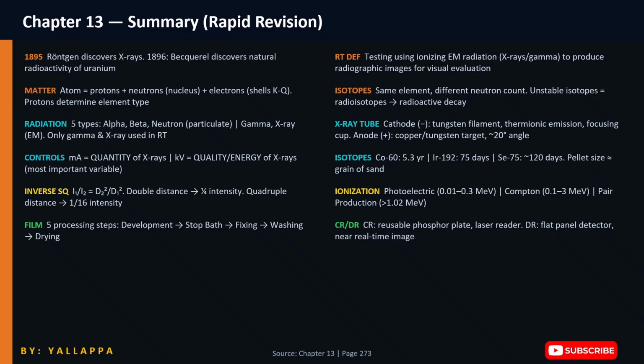The inverse square law gave us the mathematical basis for understanding how radiation intensity changes with distance. Finally, we looked at image acquisition using film, CR, and DR. The important thing is to see these topics as one connected system rather than isolated facts. Radiation is generated, interacts with matter, is detected, and then interpreted, while radiation protection controls the hazard throughout the process.